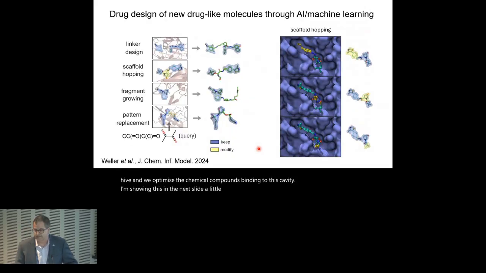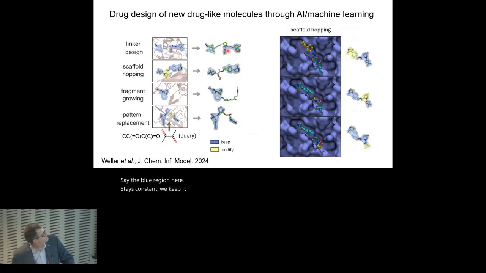We can also determine which area of the chemical compound will be refined. So we can say the blue region here stays constant, we keep it, and we will only refine regions that are either marked in yellow or that are not present.